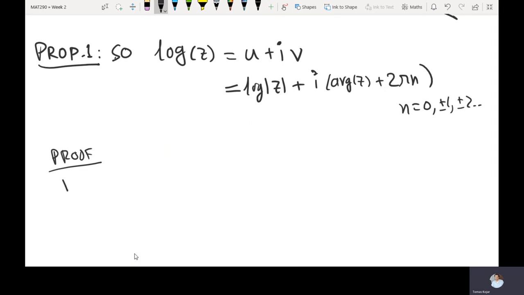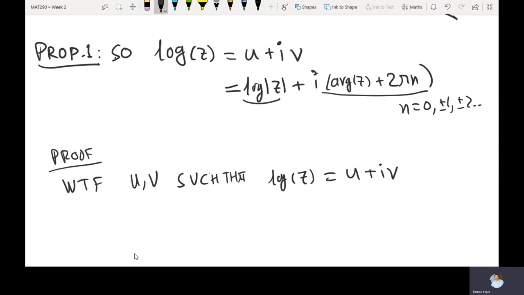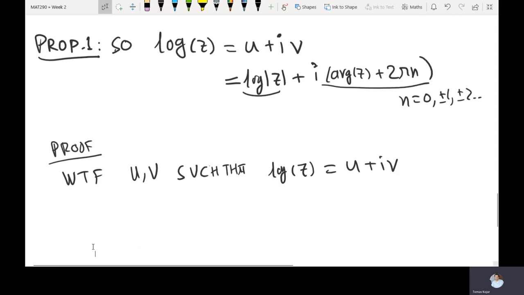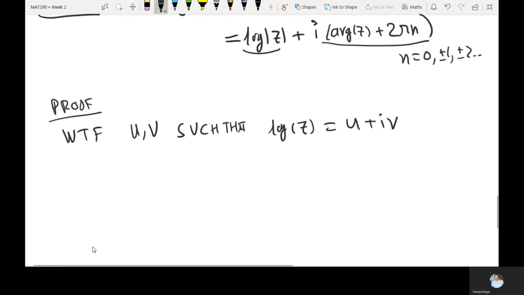Right. So want to find u and v such that log of z is equal to u plus iv. So we want to find these two guys. Fine. We have z is equal to x plus iy.